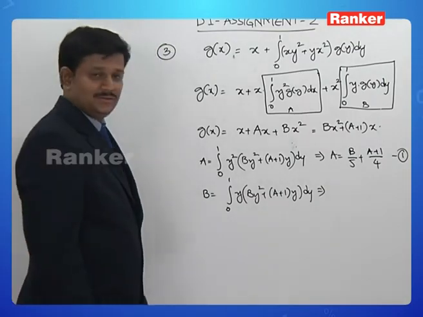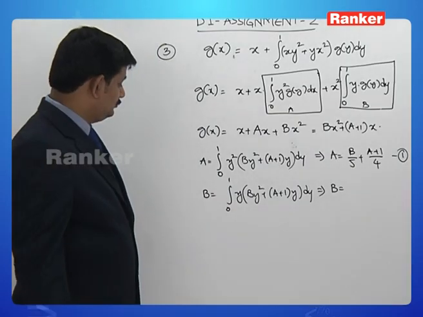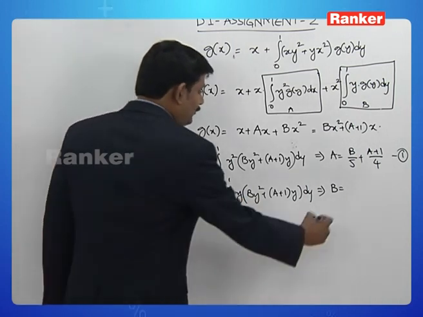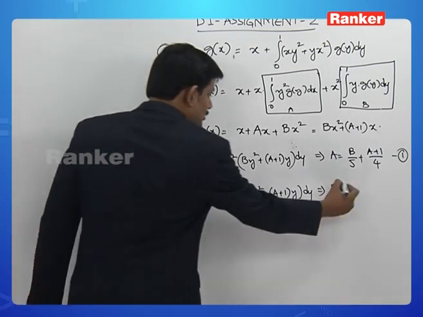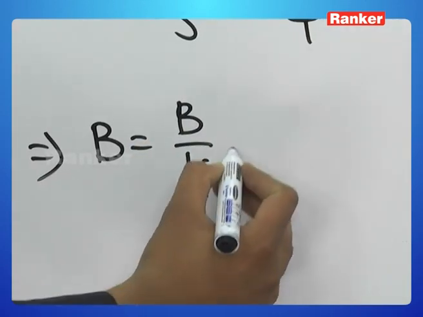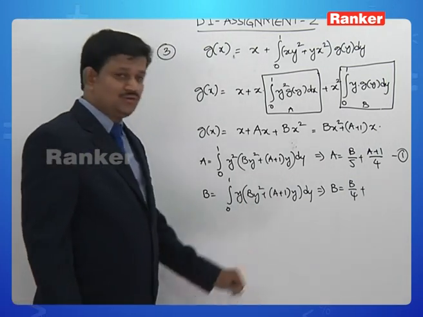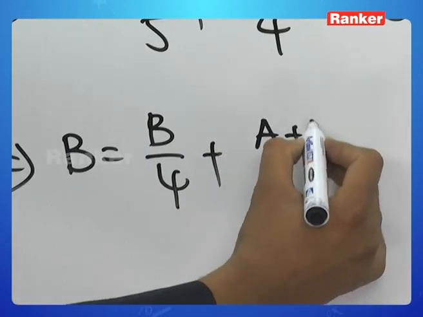This implies b is equal to the integral of y cube, which is y power 4 by 4. From 0 to 1 it is 1 by 4. So, it is b by 4 plus the integral of y square, which is y cube by 3. So, this is a plus 1 by 3.